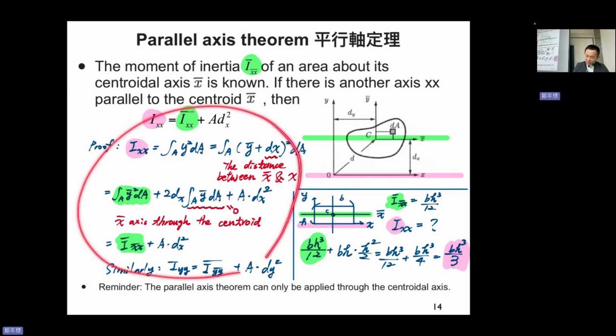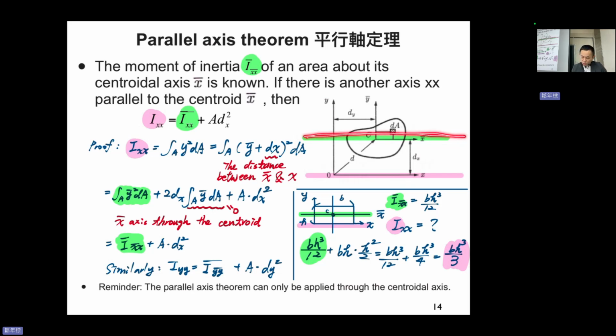This proof is based on the green axis property, because only if you start from the green axis can this term become 0. If you start from here, you cannot do that. You always start from the green axis, which goes through the centroid.